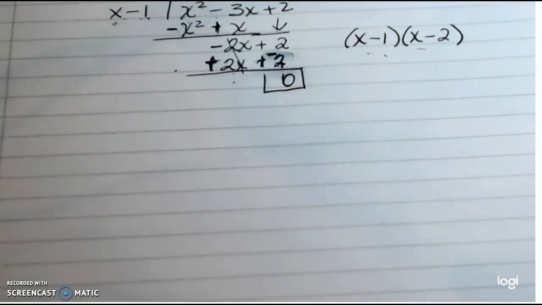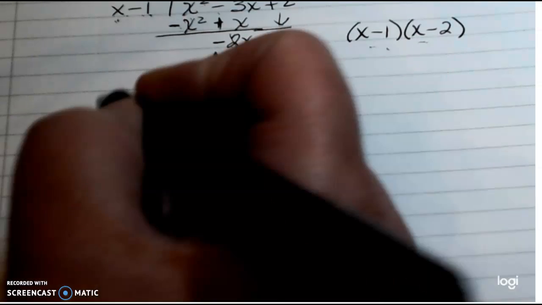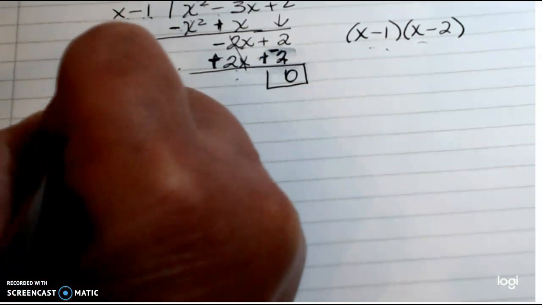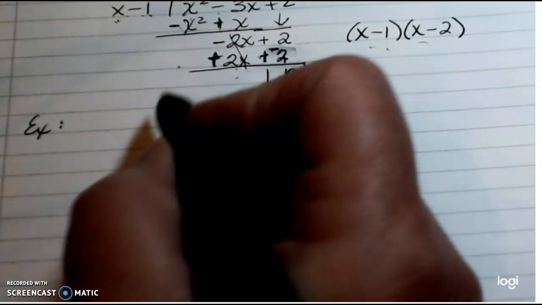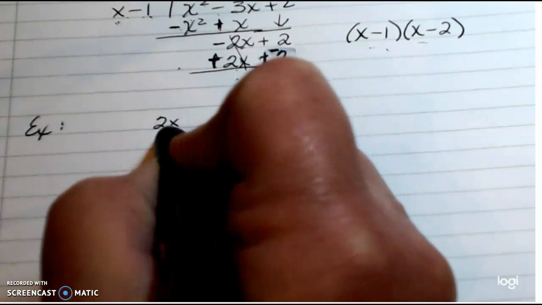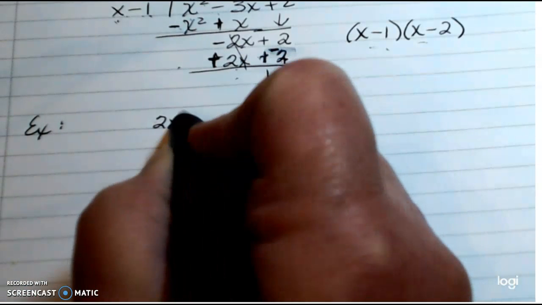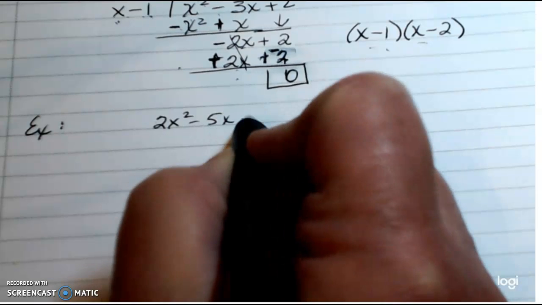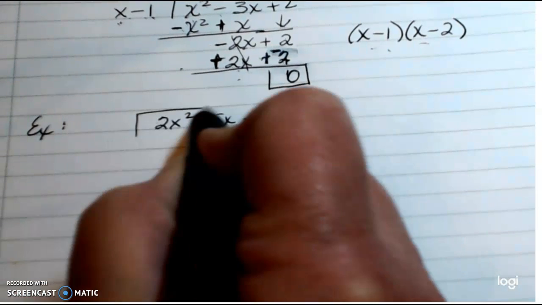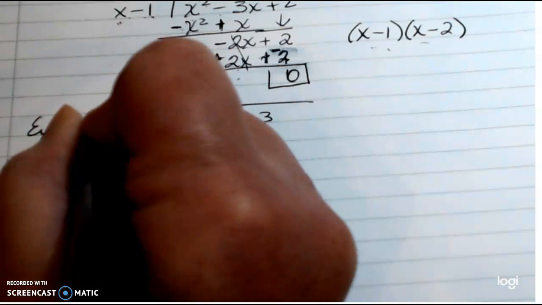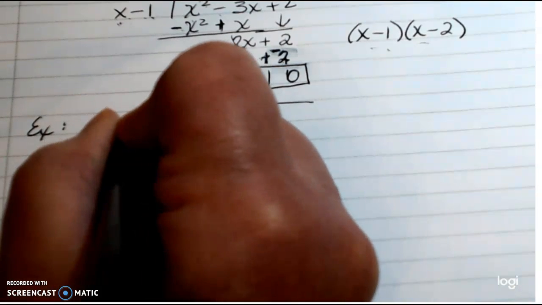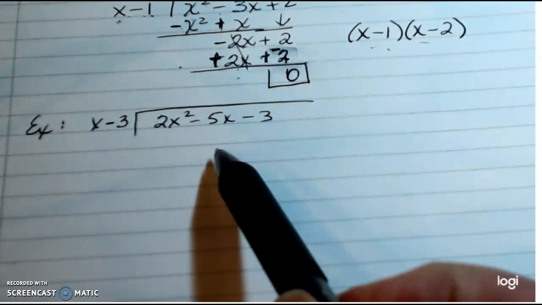Now I'm going to demonstrate another example, because if you can do this along with me, it really takes a fair amount of practice to do polynomial long division. And I want to emphasize a couple of things.